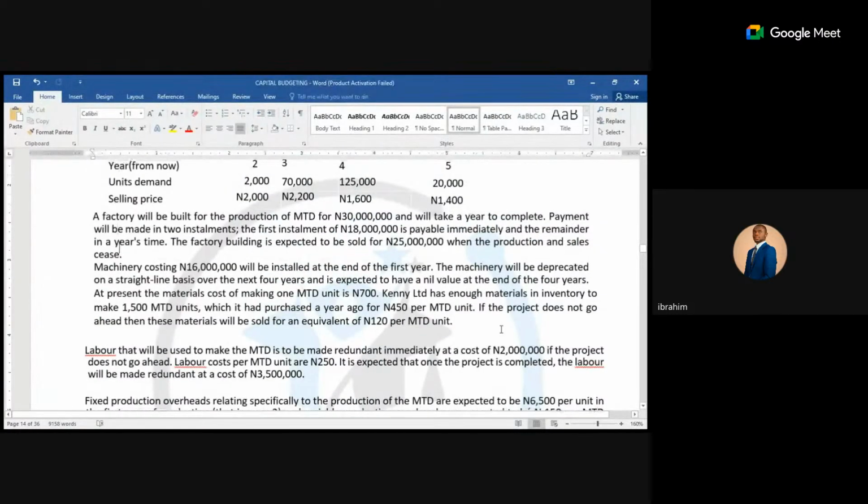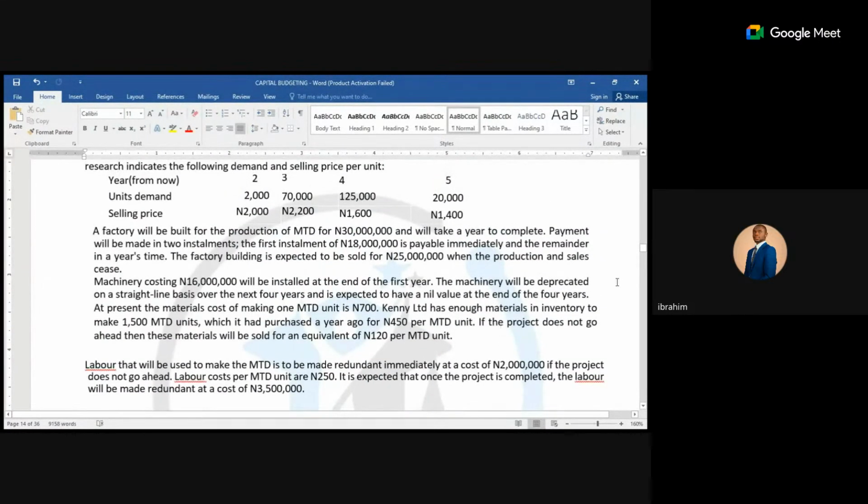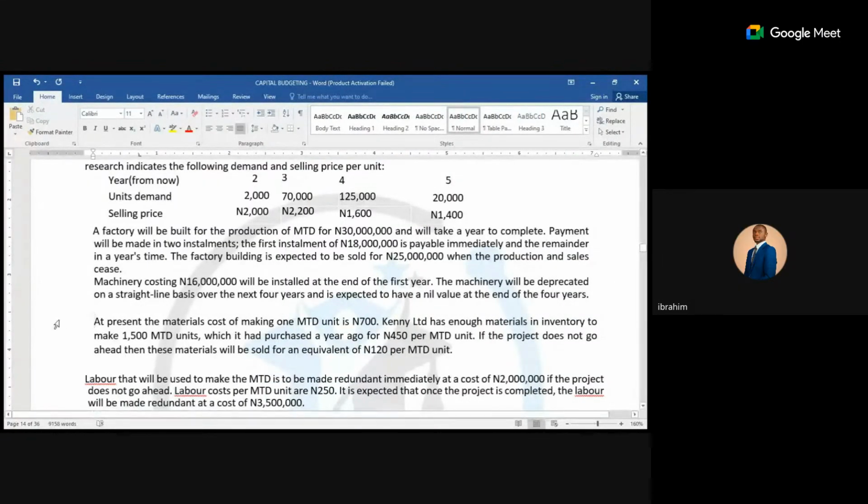So we move to the part of the sales. So now let's quickly move to this part of material. Let's just forget about this cost. We'll come back to costs. Or should we treat cost now? Okay. Let me bring this. Now, don't forget that the factory building will cost 30 million, and the first installment of 18 million is payable immediately.